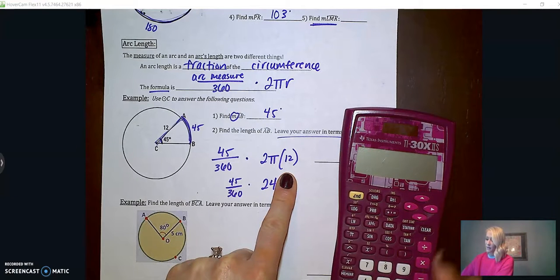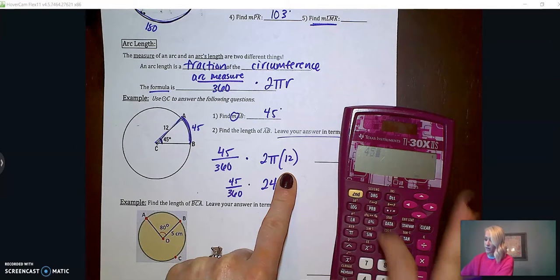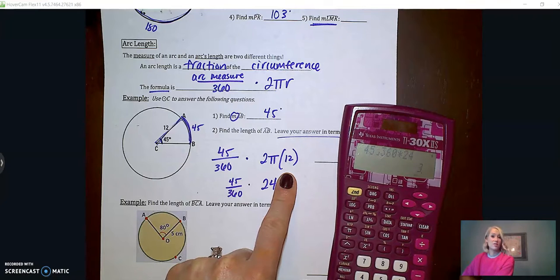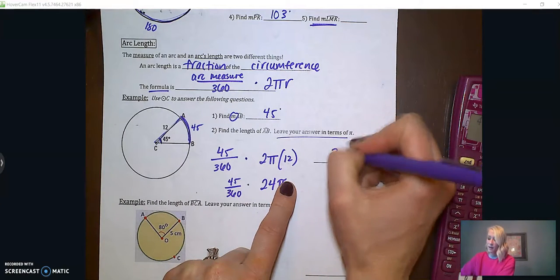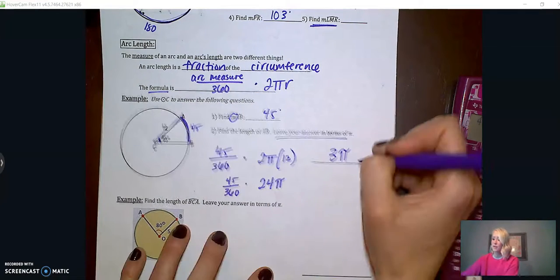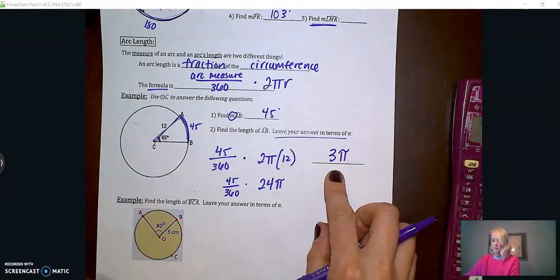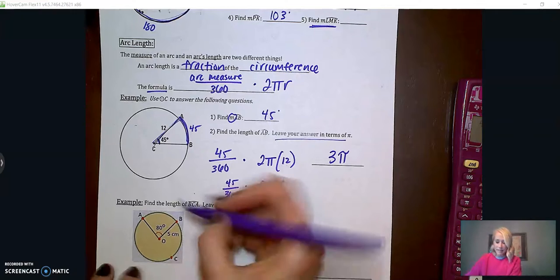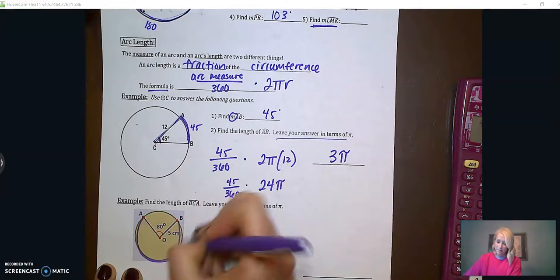Leave the pi out. Okay, do 45 over 360 times 24. It's just 3. Then stick the pi back on. So it covers 3 pi, whatever the units are. All right, see if you can do the next one. BCA is this arc right here. Major arc.